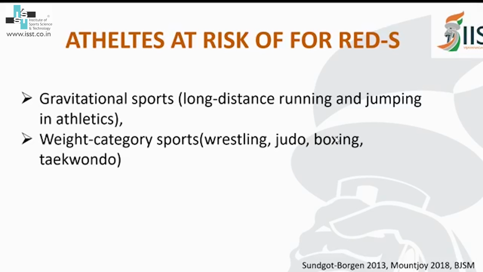If you're working with combat sports, wrestling, judo, boxing, MMA, taekwondo, there's so much research on bad practices of weight loss among athletes belonging to such sports. So that should definitely be high on the priority list if you're working with these athletes.